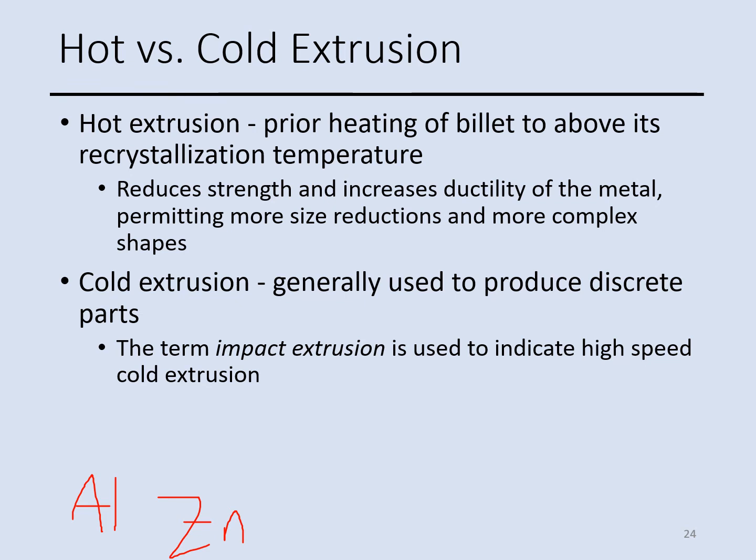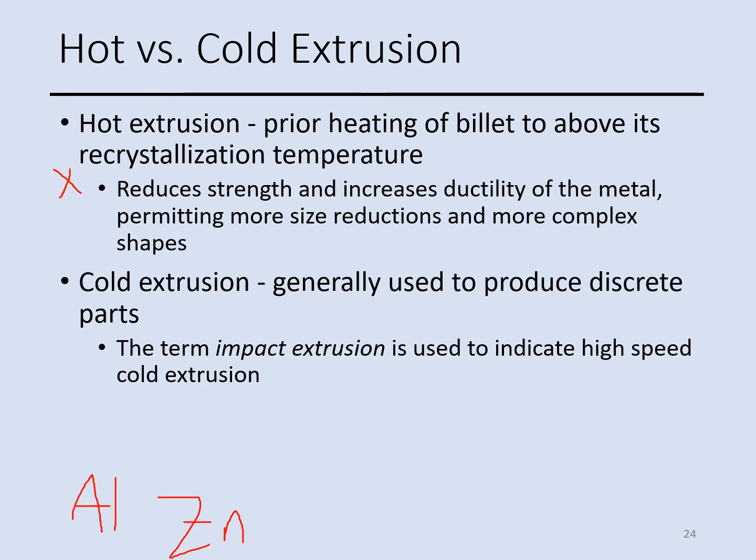In the hot extrusion process, we have a reduction of the strength in the metal alloy, so we need less energy to deform the work metal, and the ductility of the metal goes up, which permits more size reduction and more complex shapes.